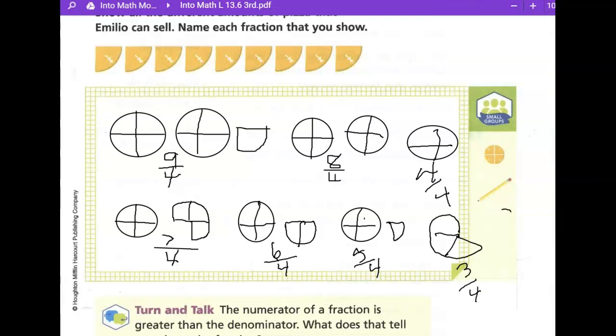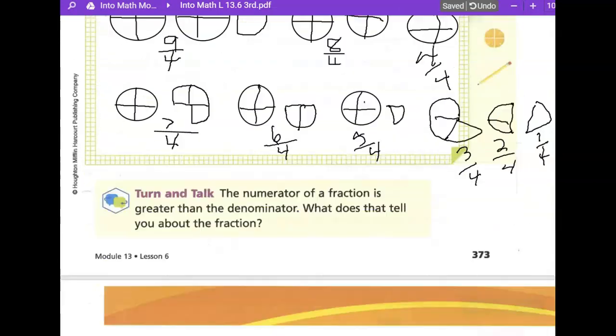Then we would draw half of a pizza, and that would be 2/4. And then he could just sell one slice of pizza, and that would be 1/4. So he could sell all those combinations of pizza.